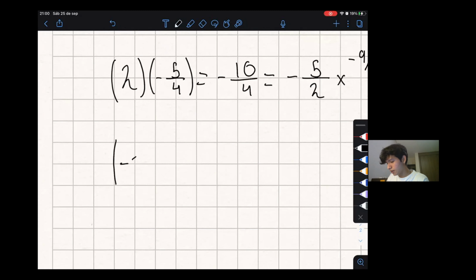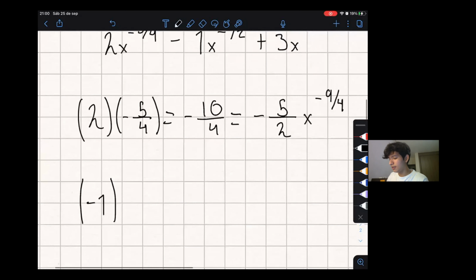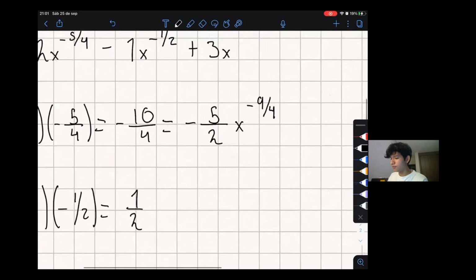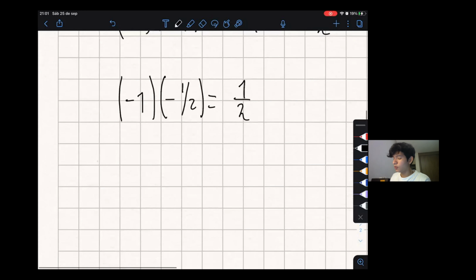We take the minus 1 and multiply by the minus 1 over 2, that is equal to 1 over 2, positive. And to the exponent, we just take the minus 1 over 2, that is the exponent, and we subtract 2 over 2, because it's equal to 1.